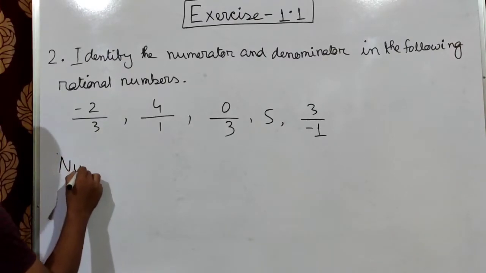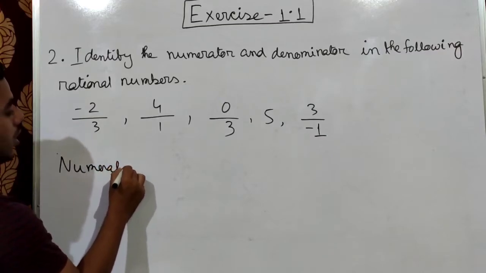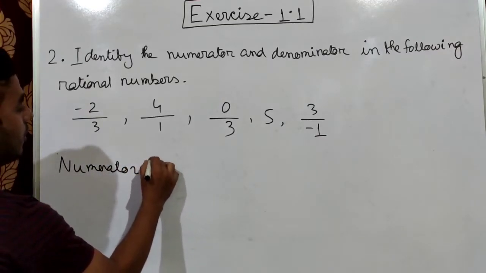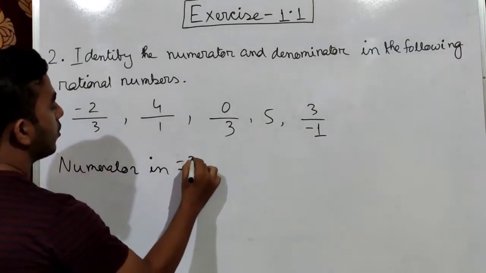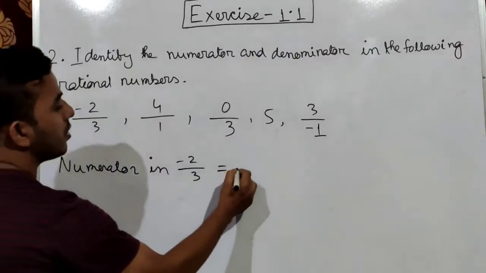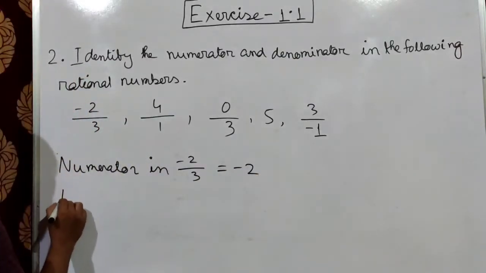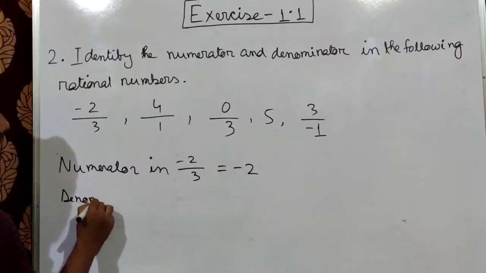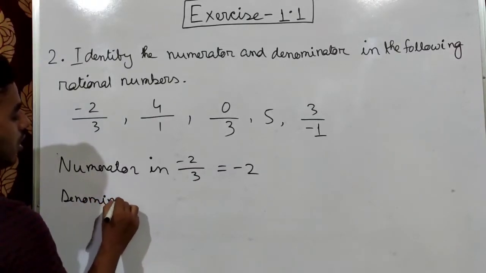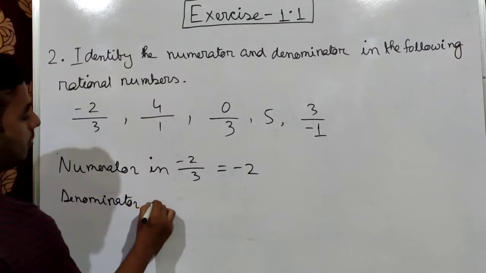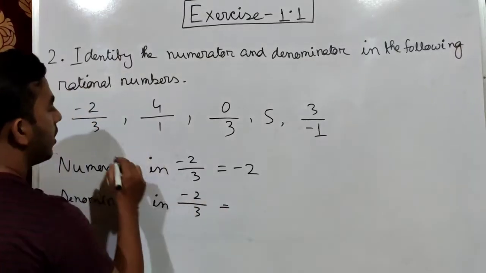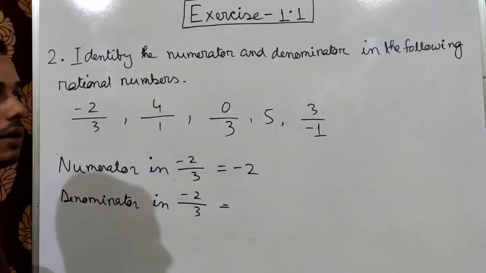Numerator in minus 2 by 3 equals minus 2. Then denominator in minus 2 by 3 equals, the denominator is the number by which we divide, right?